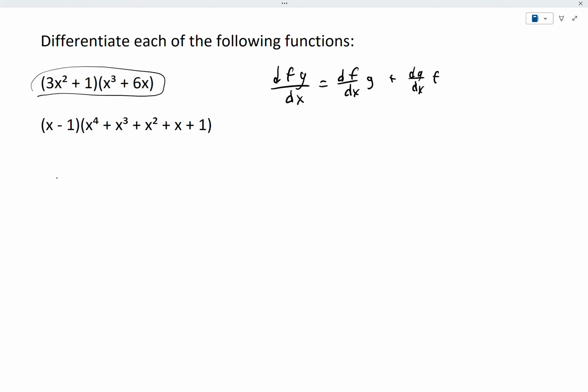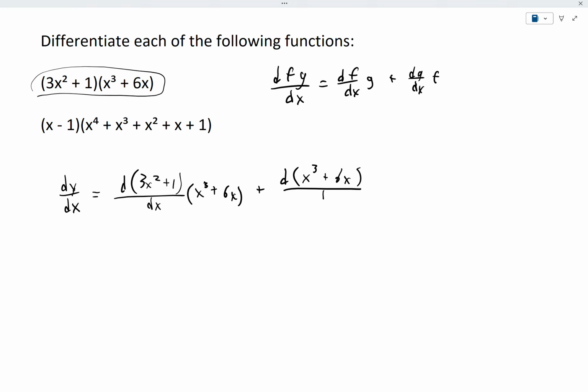So I'll just call it dy dx, so I don't need to write this all out, and it's going to be the derivative of 3x squared plus 1 times x to the third plus 6x, plus the derivative of the second. So that's the derivative of x to the third plus 6x times 3x squared plus 1.